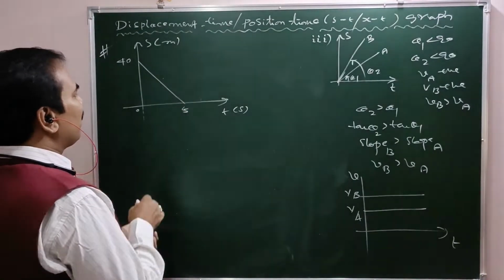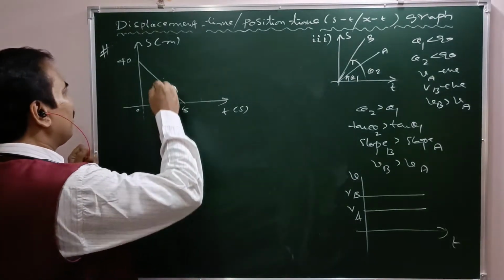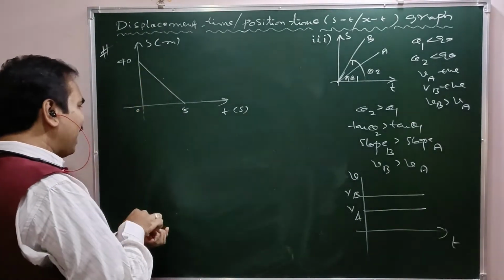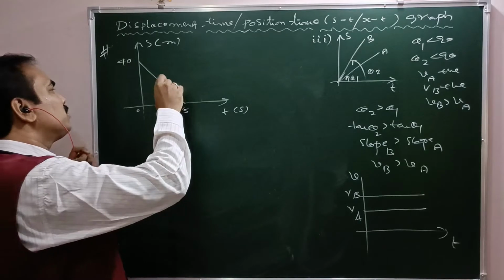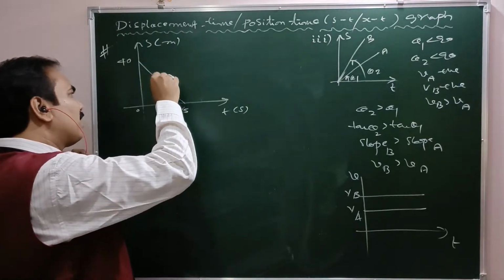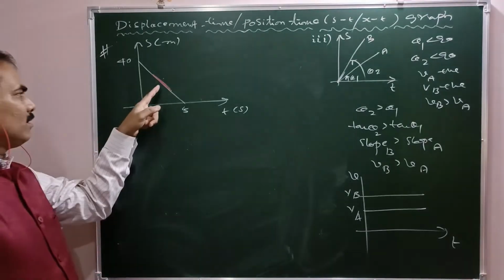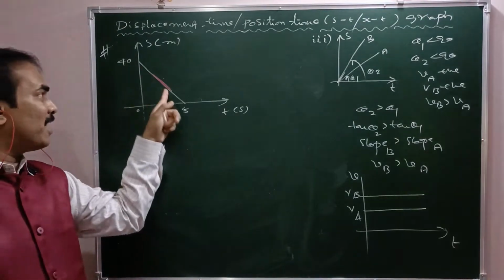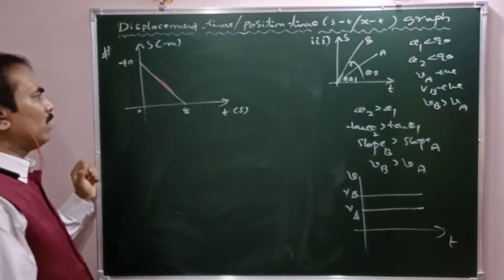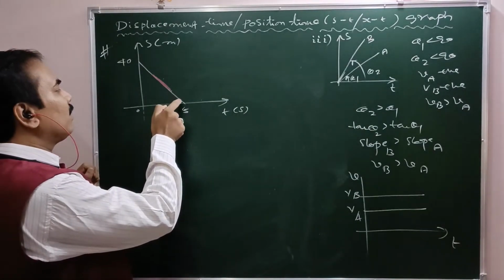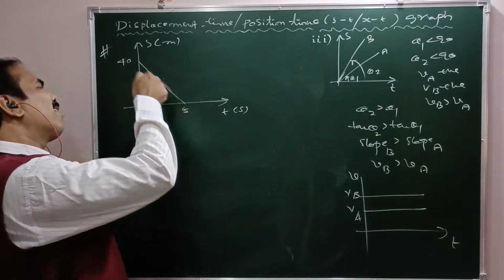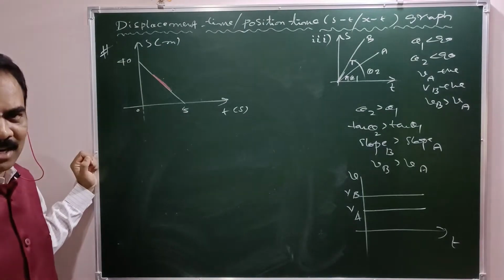Suppose I draw a tangent to the curve. See, this is the tangent. So here also it is a straight line. If I draw a tangent at any position on this graph, it again coincides with the straight line itself. So what is the slope here? Here or here or here, all along its length the slope is constant. Why?